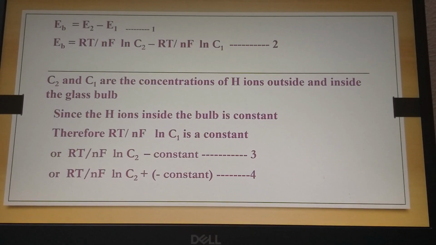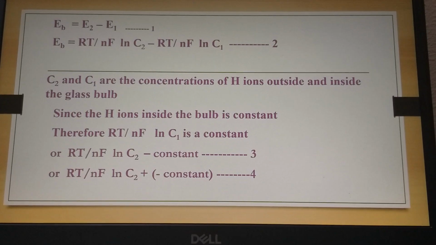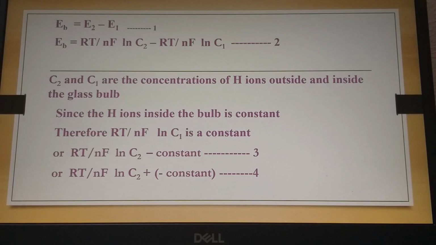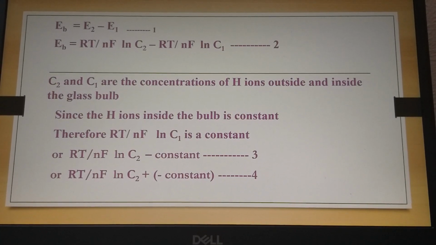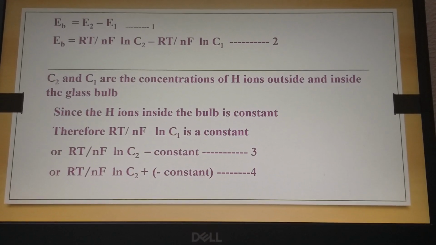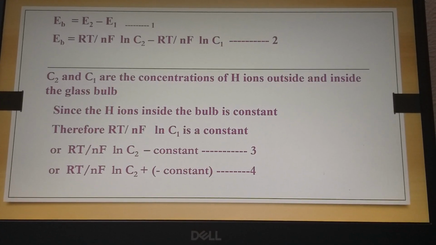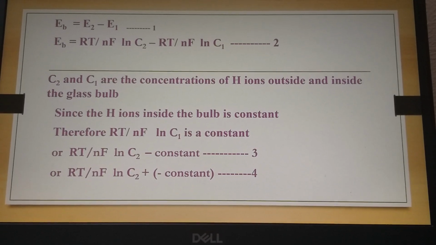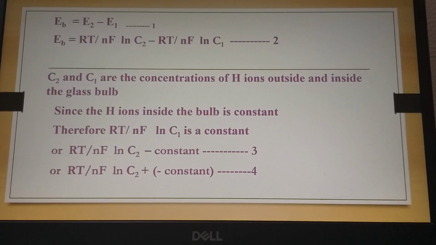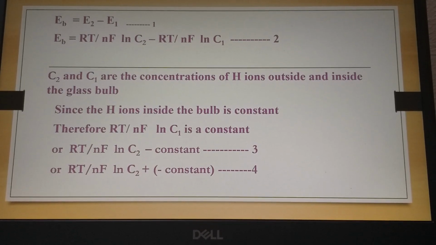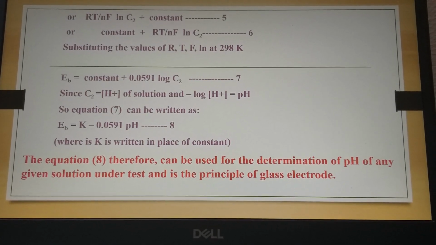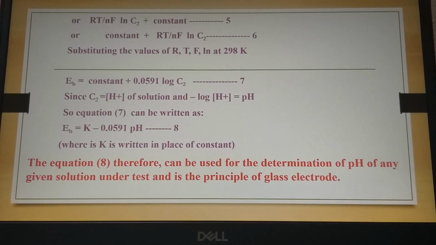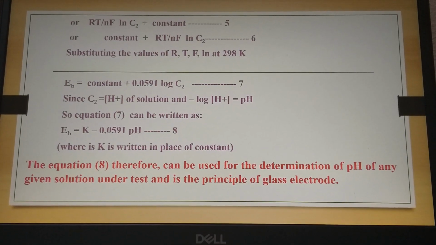Since the hydrogen ion concentration inside the bulb remains constant, RT/nF ln C1 is a constant. The equation can then be modified as RT/nF ln C2 minus constant, or RT/nF ln C2 plus constant, or constant plus RT/nF ln C2.